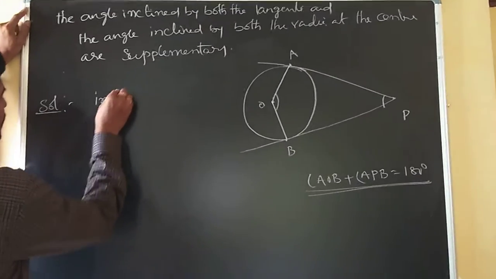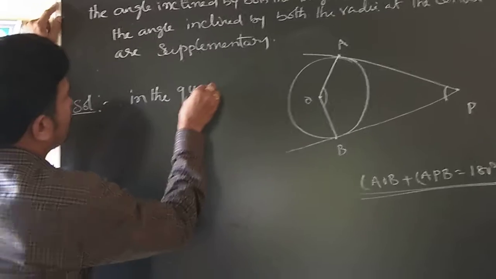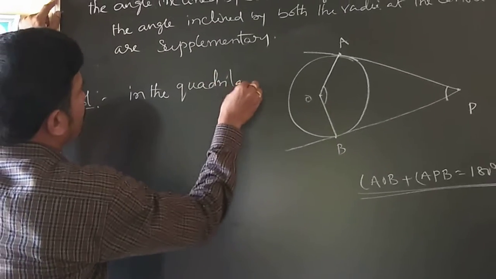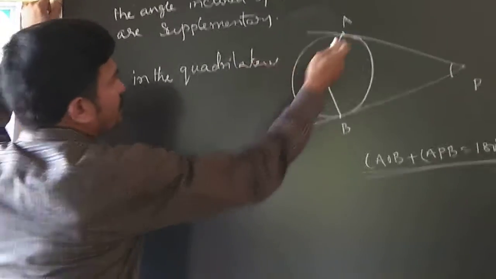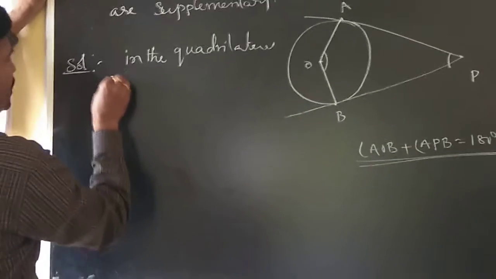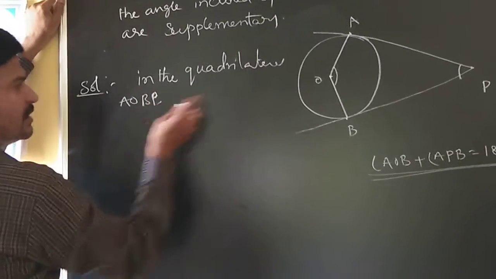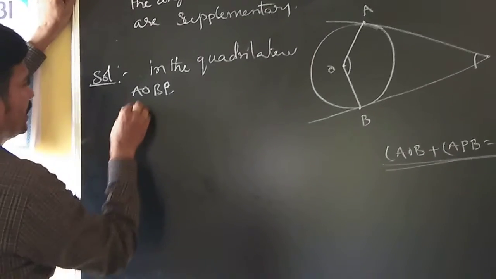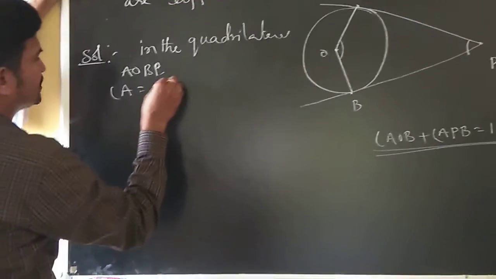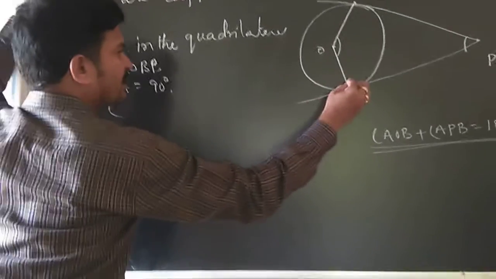See, AOBP is a quadrilateral, or not? In the quadrilateral AOBP, angle A equals 90 degrees and angle B is also 90 degrees.